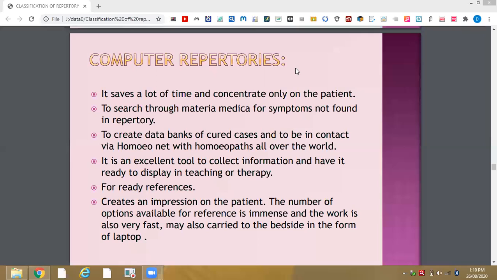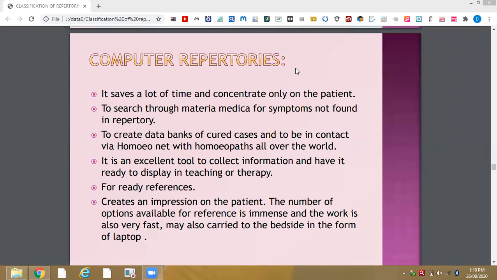Then we can easily carry whatever data of the patient from one place to another, because we save all the data of the patient in a very short space in the computer.